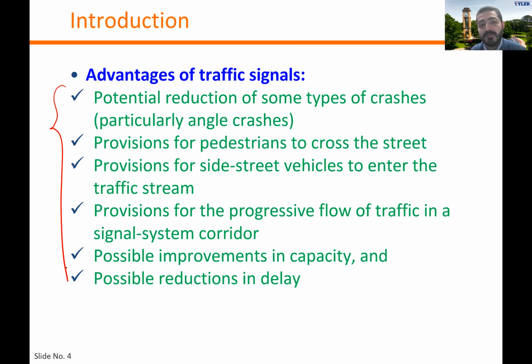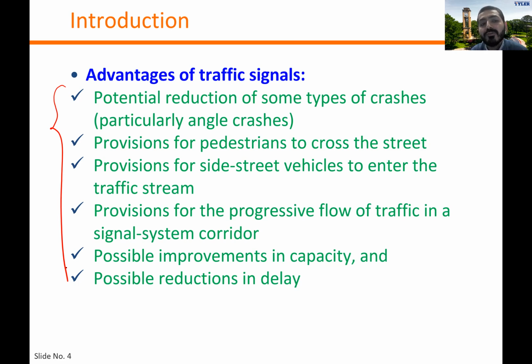Also, it can provide provisions for pedestrians to cross the street safely. If there are no traffic signals, pedestrians will make their own decisions about when to cross the intersection, and that is an unsafe decision in some cases. That's why a traffic signal provides such provisions for pedestrians to cross the intersection safely.